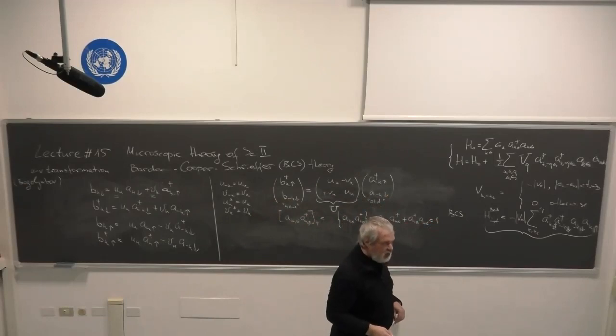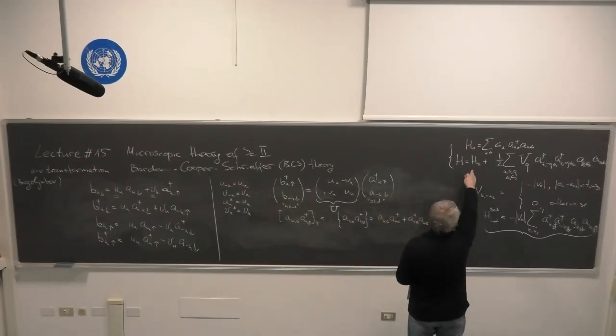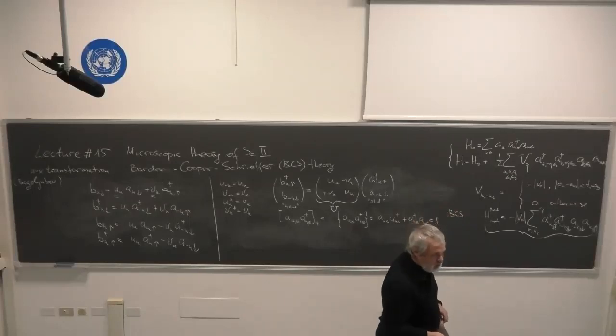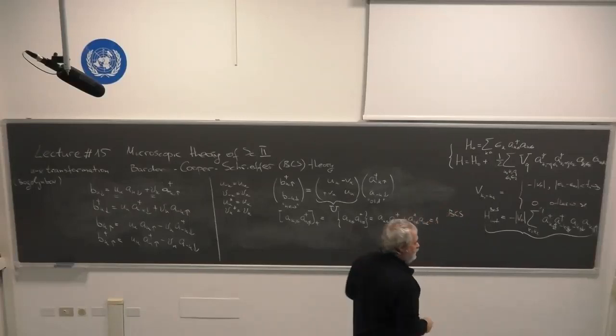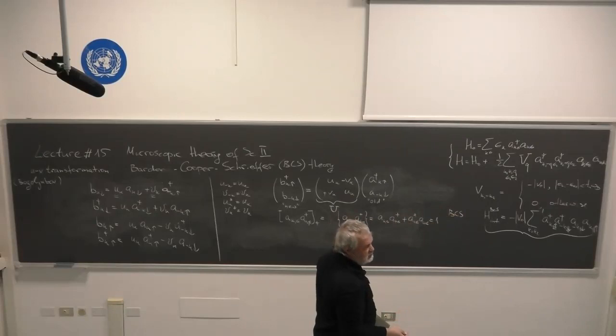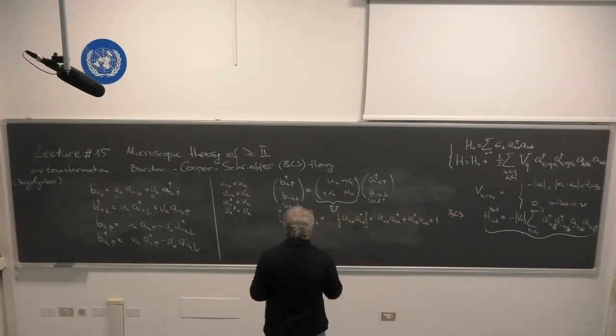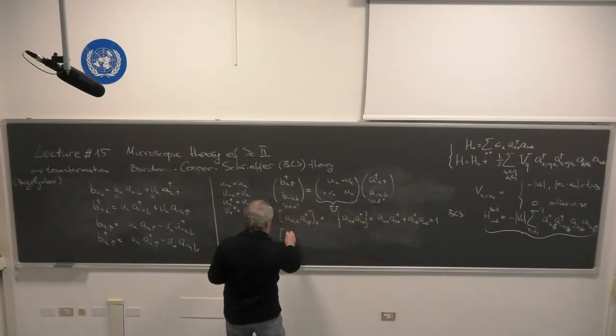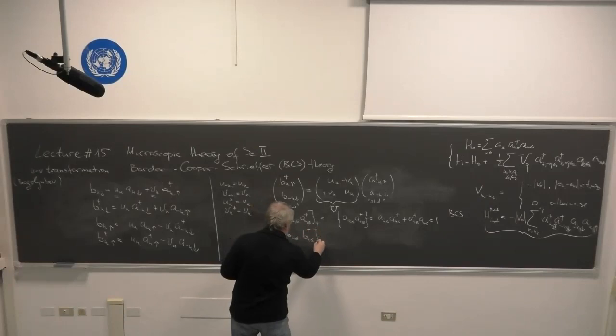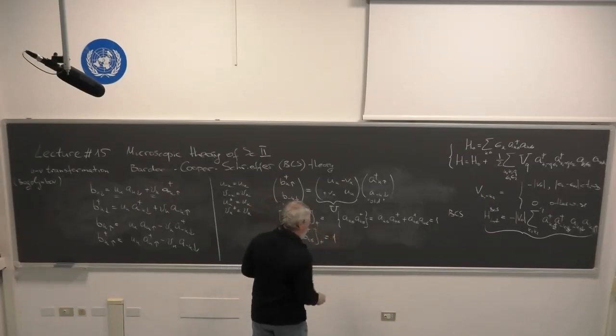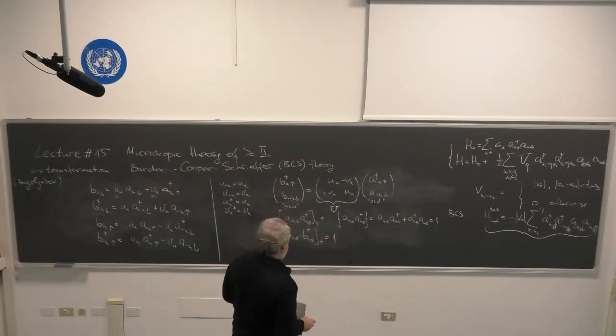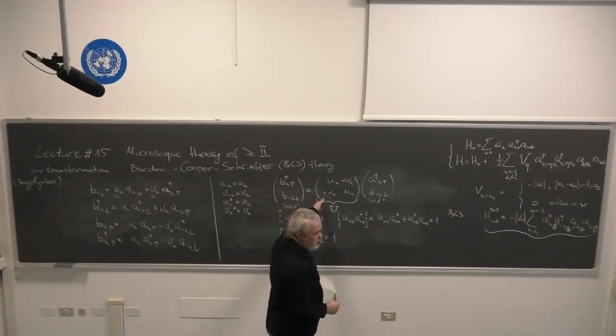This is given to me because I know that the Hamiltonian, this one, is written in terms of the fermion operators. In order to guarantee that my new variables satisfy the same commutation relations, {b_{kσ}, b_{kσ}†} equal to 1, I need to rewrite my new variables in terms of old variables.